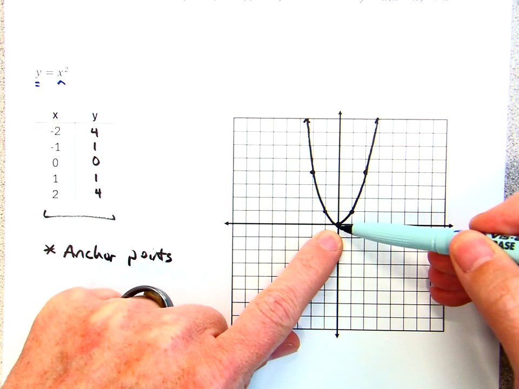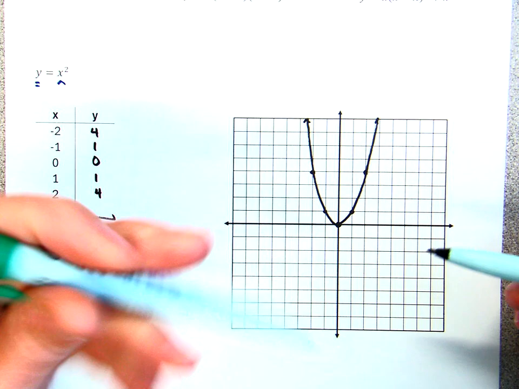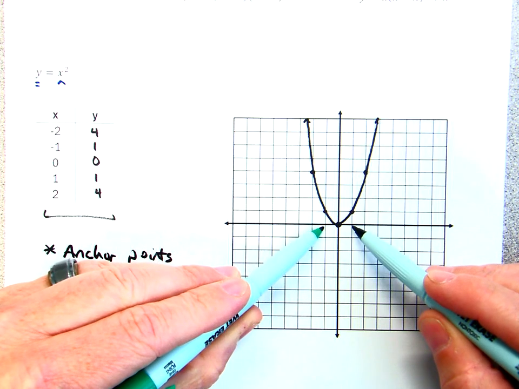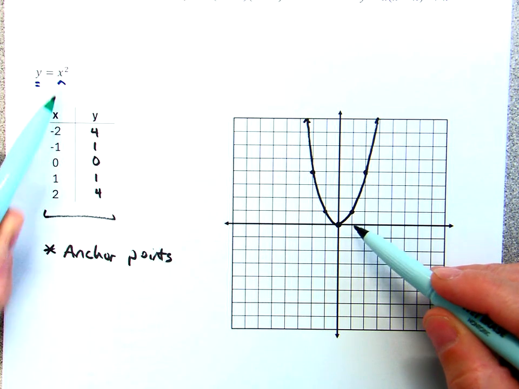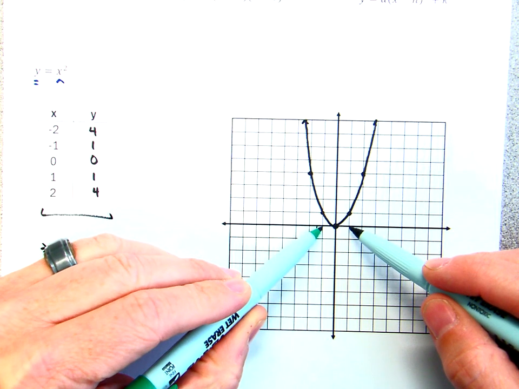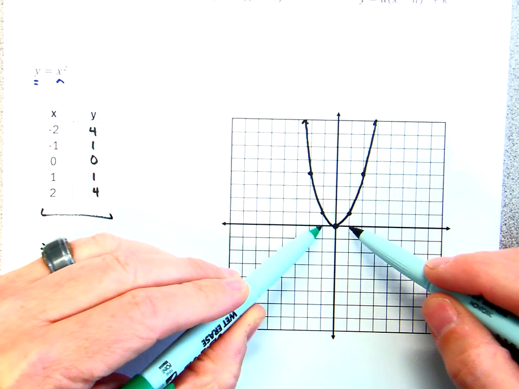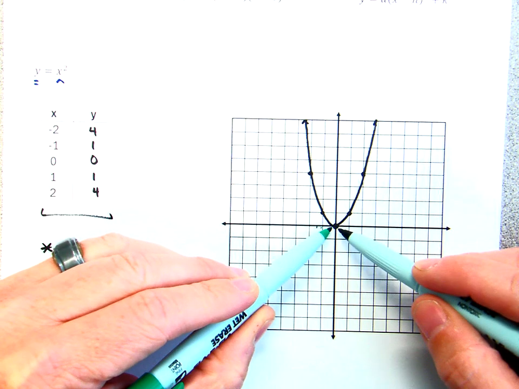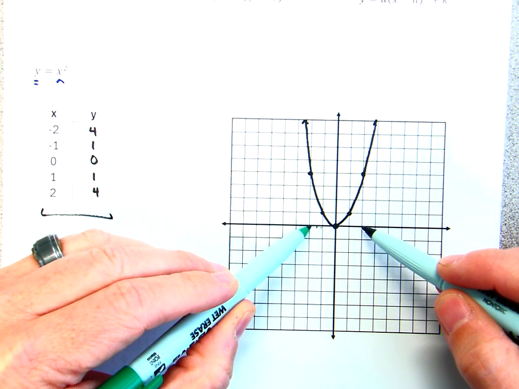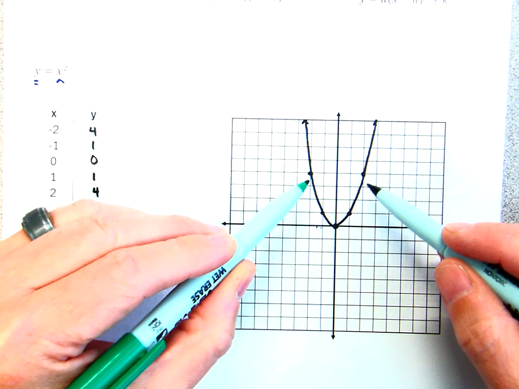But then from here, if we were to go out 1 unit, remember this is this x squared value. So if we go out 1, whether we square -1 or square +1, 1 squared is 1. And if we go out 2 units, whether it's -2 squared or 2 squared, both of those is going to be 4.